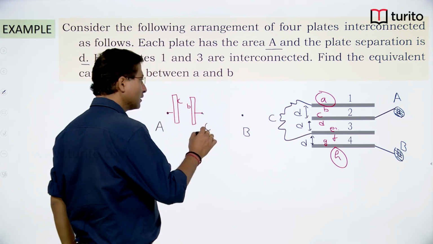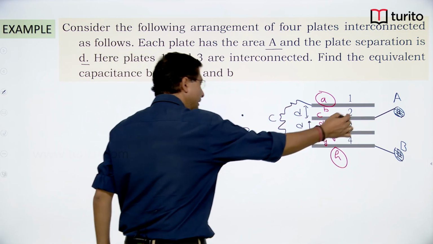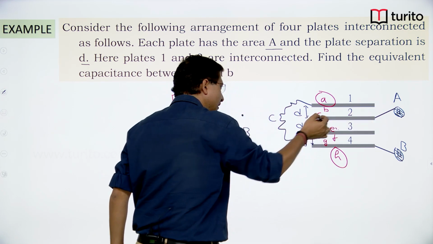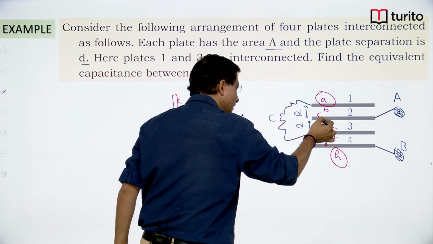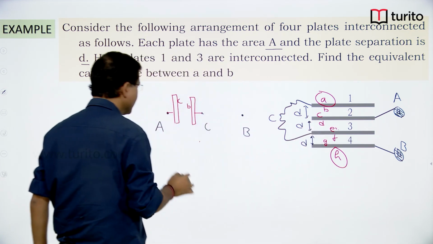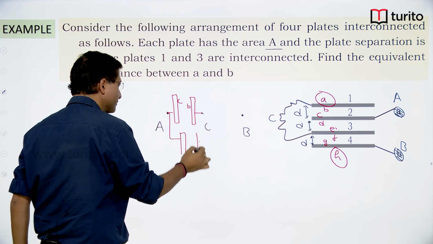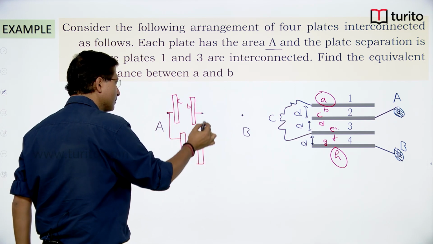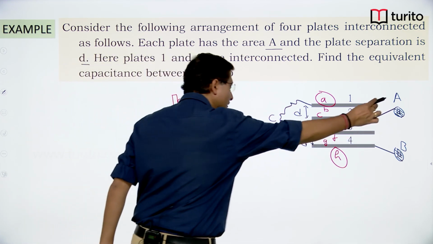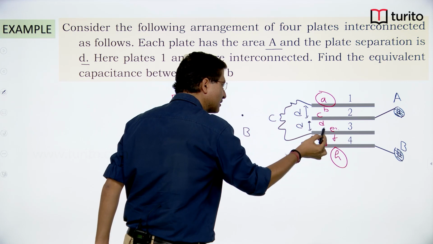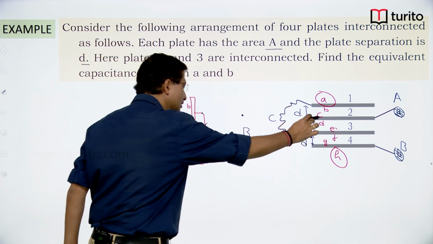Now look at this one: a is facing c, a is facing c. We have one more capacitor over here, the one which is connected to A. This side surface is d, and it is facing e.